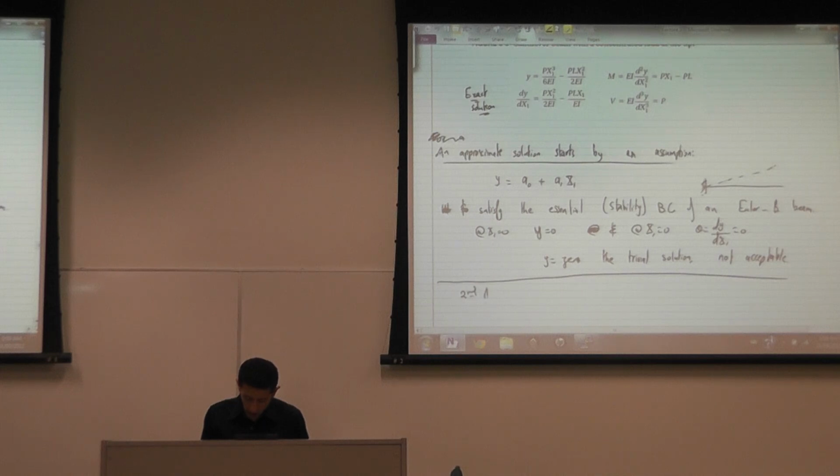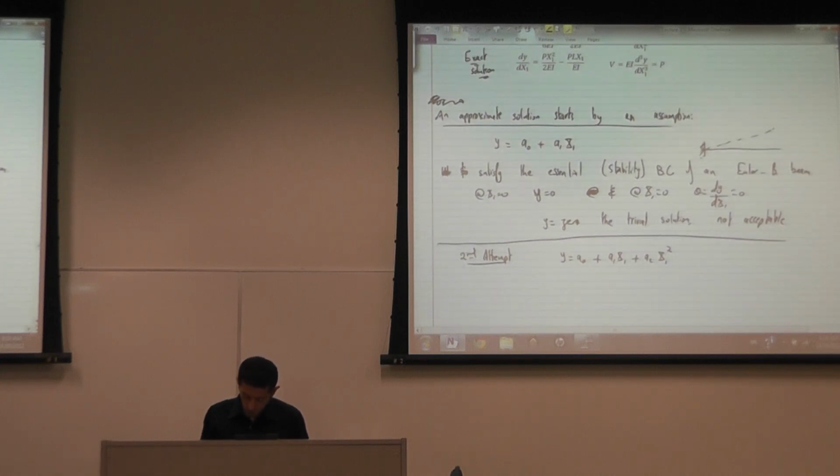Second attempt. Y is equal to A0 plus A1 x1 plus A2 x1 squared. First criterion is essential boundary conditions.